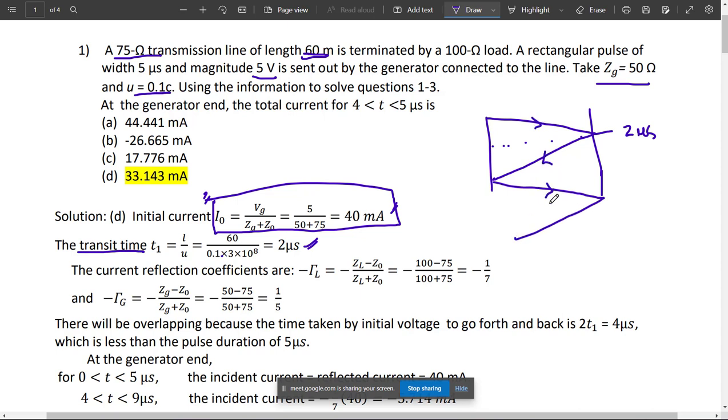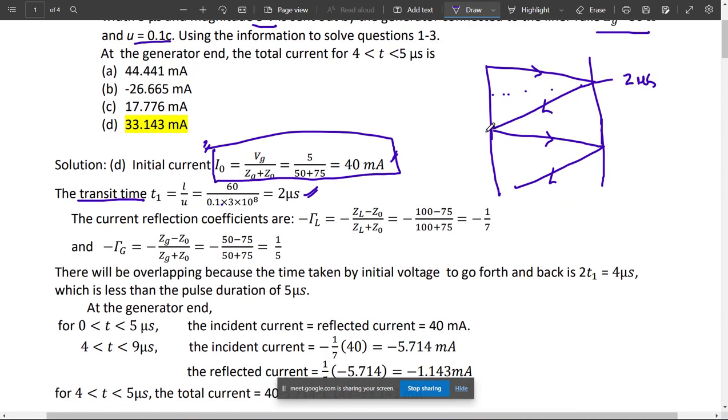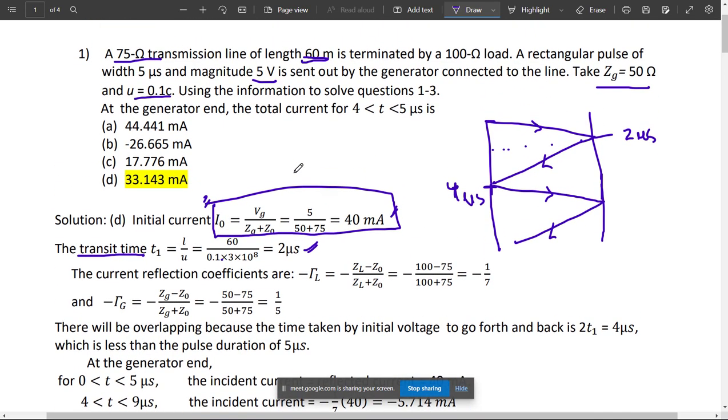It would be reflecting via the transmission line. The current will come back again at the generator end at 4 microseconds, to get reflected. Understood, right? Till here, is everyone understanding what is happening?